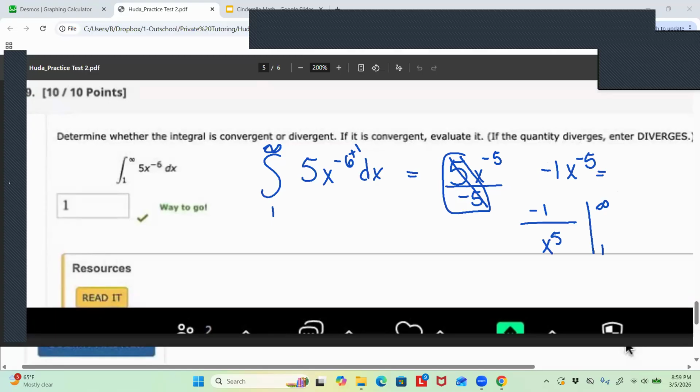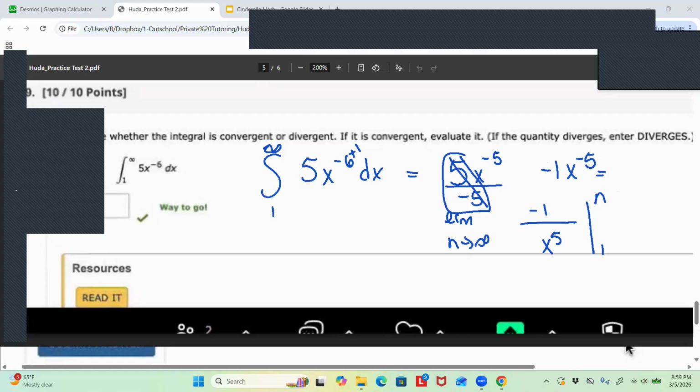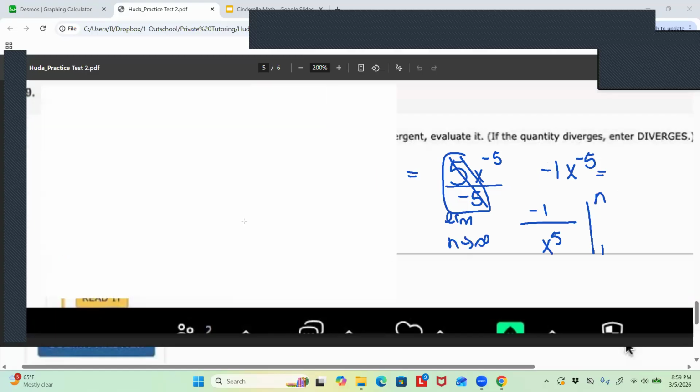Okay, you're not really supposed to use infinity. So technically, we're going to make this an n, and we're going to say limit as n goes to infinity. That's what you're technically supposed to do. I'm going to come over in orange.